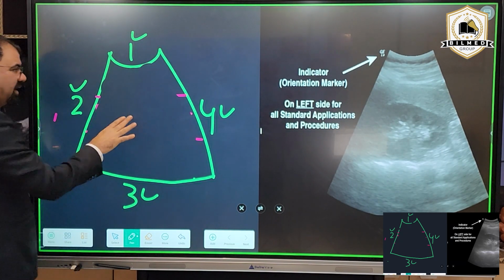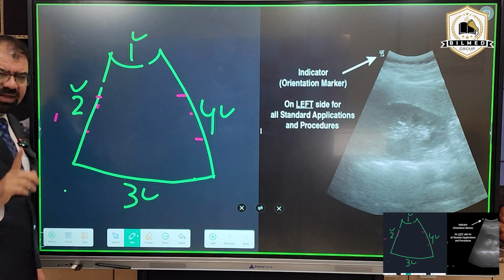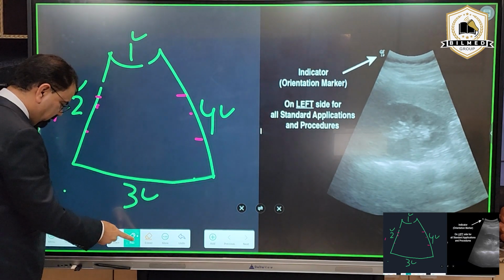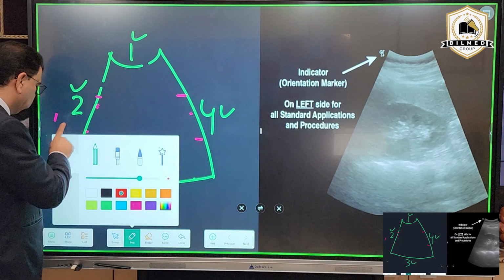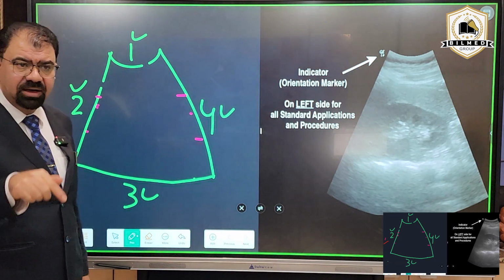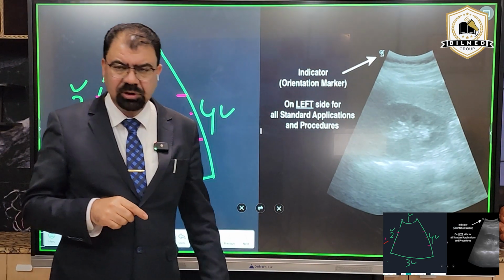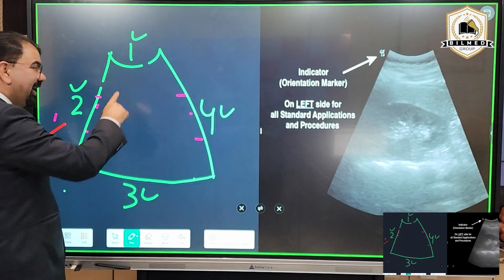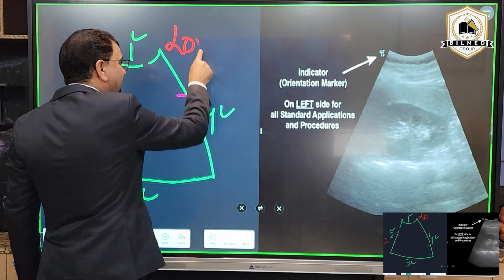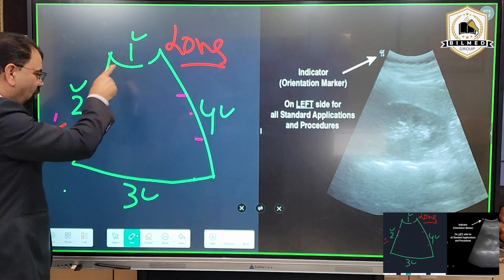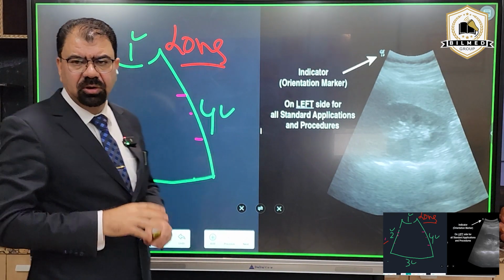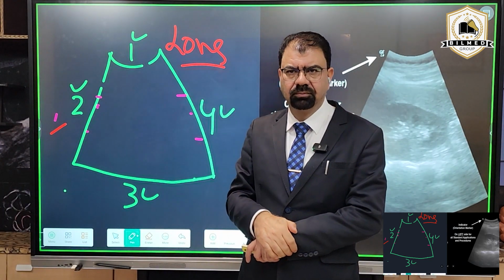Where is anterior? Say 1, 2, 3, 4. Where is the anterior in longitudinal section? I am in longitudinal section. Is it at 1st, 2nd, 3rd, or 4th? Hurry up.